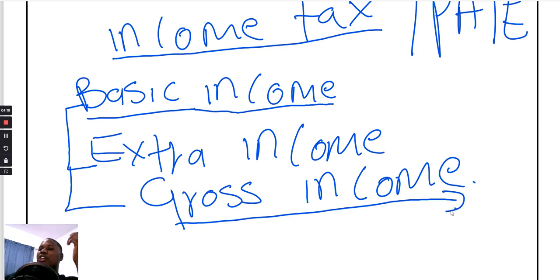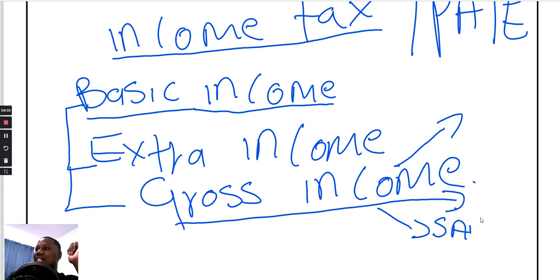Remember, your employer pays you a gross income. From the gross income, the government, or we can say SARS, is not going to tax everything in this amount. I repeat, the government is not going to tax everything that your employer has paid you.